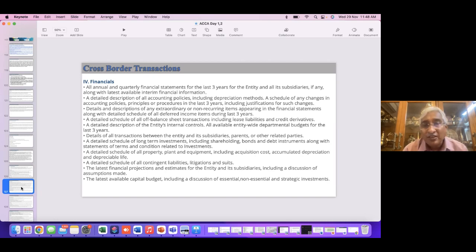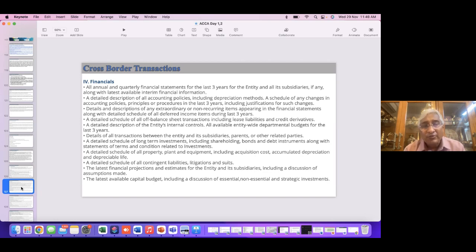So if a proper internal control procedure is being followed, then while taking sanction for spending 10 crore, you know whether that falls under the budget dedicated for that type of expenditure. So a better internal control process can give you a comfort zone that things are in line and as expected. Details of all transactions between the entity and its subsidiaries, parents, and other related parties.